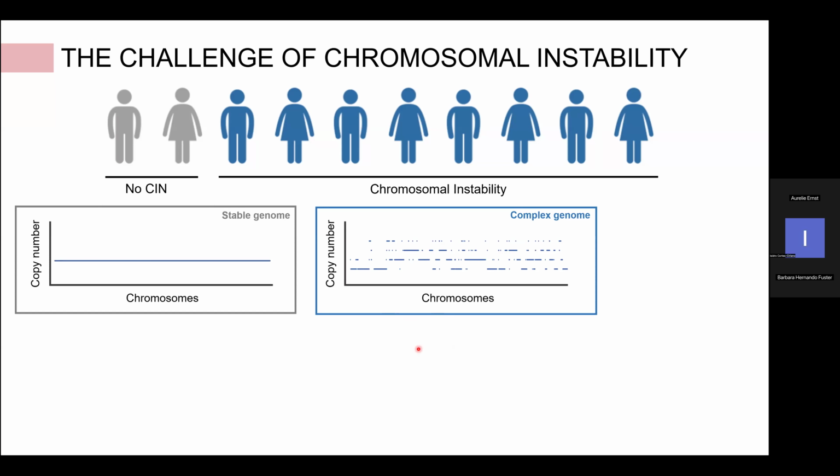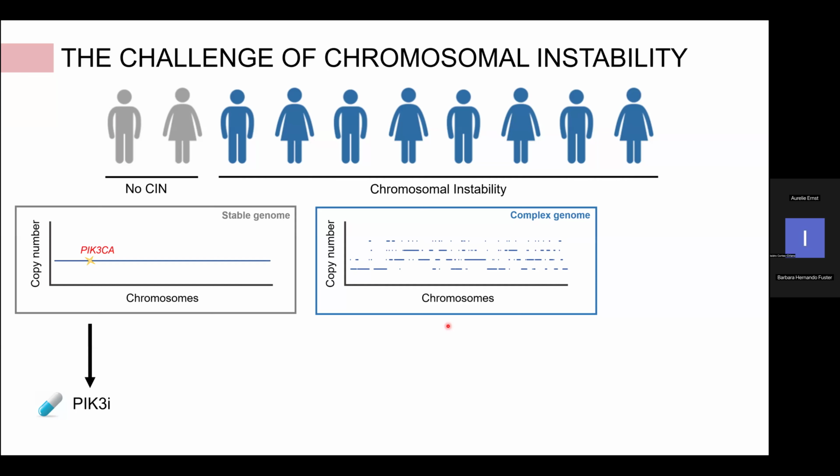The current approach of precision medicine is based on the detection of just one alteration in a single gene or protein. This works quite well for stable genomes, but the huge complexity that tumors with chromosomal instability have limits our ability to personalize treatment.